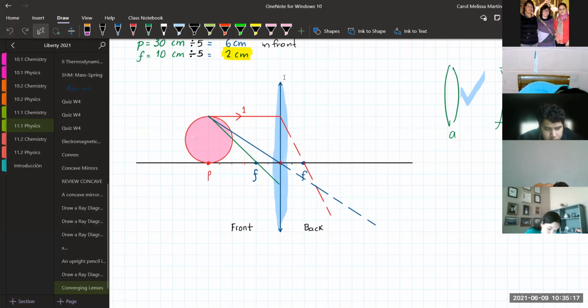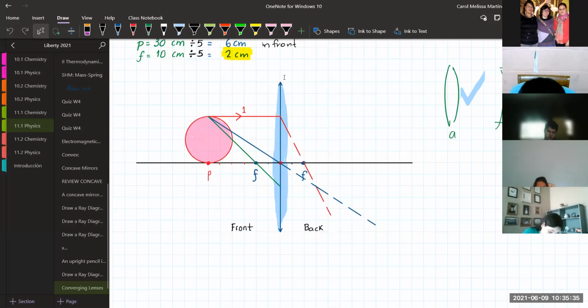Okay, right there, from the top of my object until I reach the axis, passing through the other focal point.